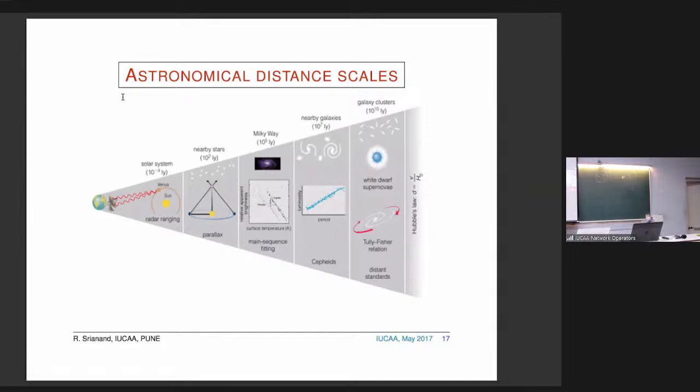From here you use parallax to nearby stars. The distances you are covering with radar techniques are something like 10 to the -4 light years. With parallax you are going up to 100 light years. Then the main sequence fitting, which I explained to you, takes you up to 10 to the 5 light years. That means within the galaxy, you can go to the edges of the galaxy and measure these distances.